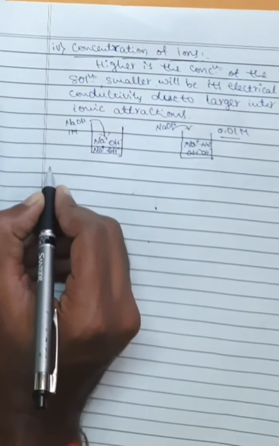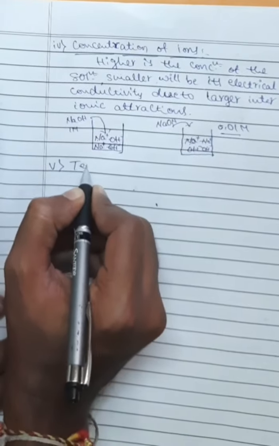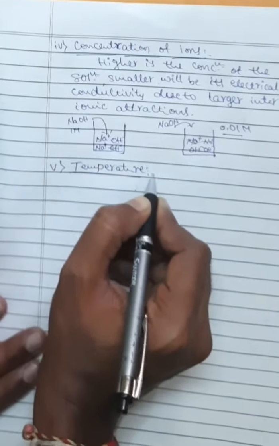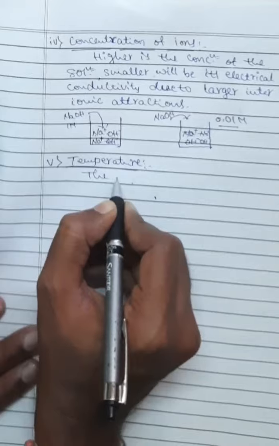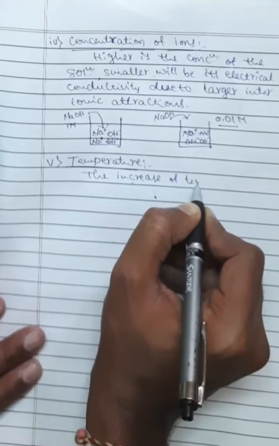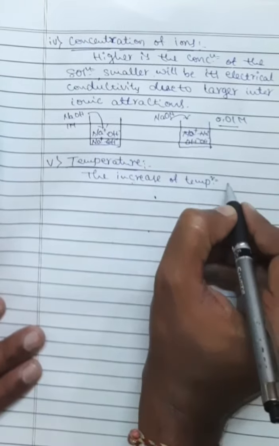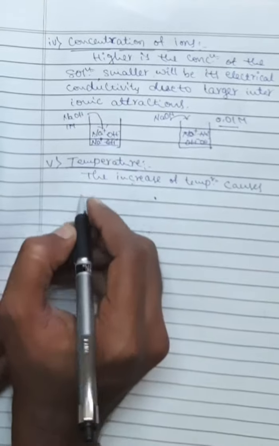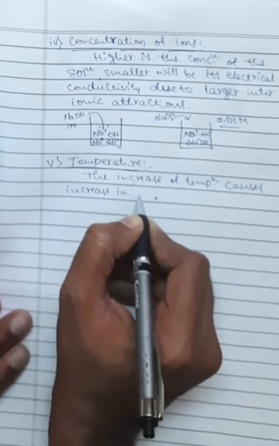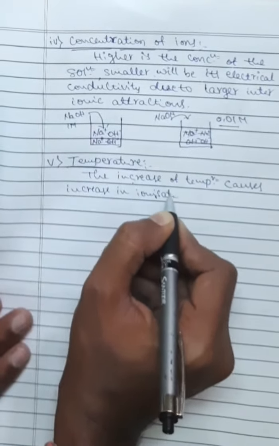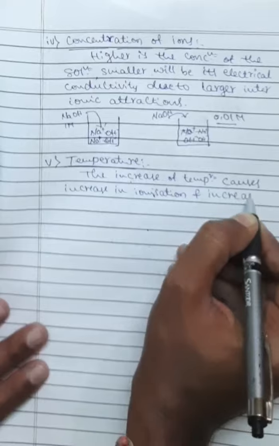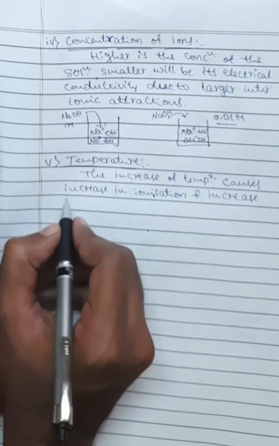So the next one is temperature. The increase of temperature causes an increase in ionization and also an increase in the movement of ions.